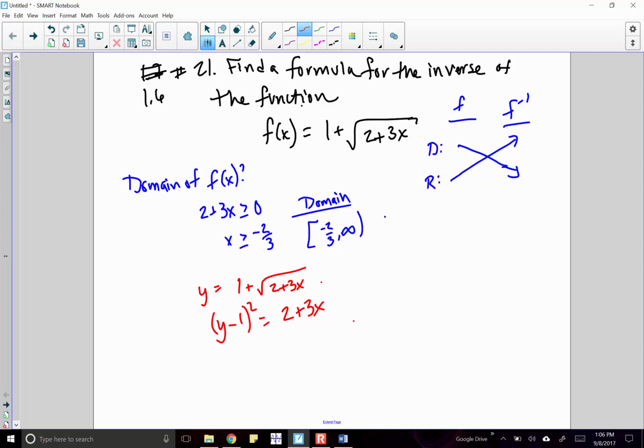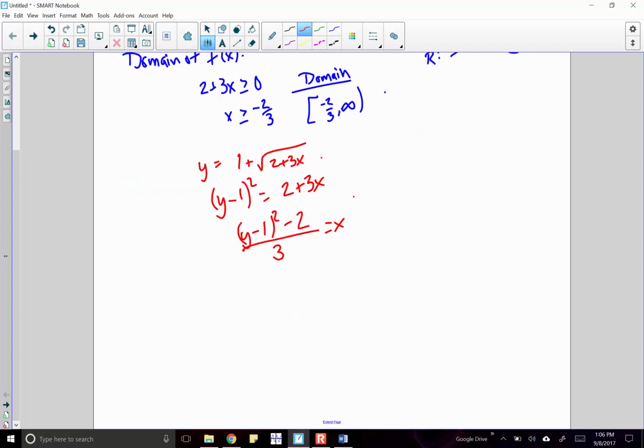Then solving for x, what do I get? Subtract 2 and then divide by 3, so it'd be (y minus 1) squared minus 2, all over 3, is equal to x. And now I can switch, so I get (x minus 1) squared minus 2, all over 3, is equal to y.